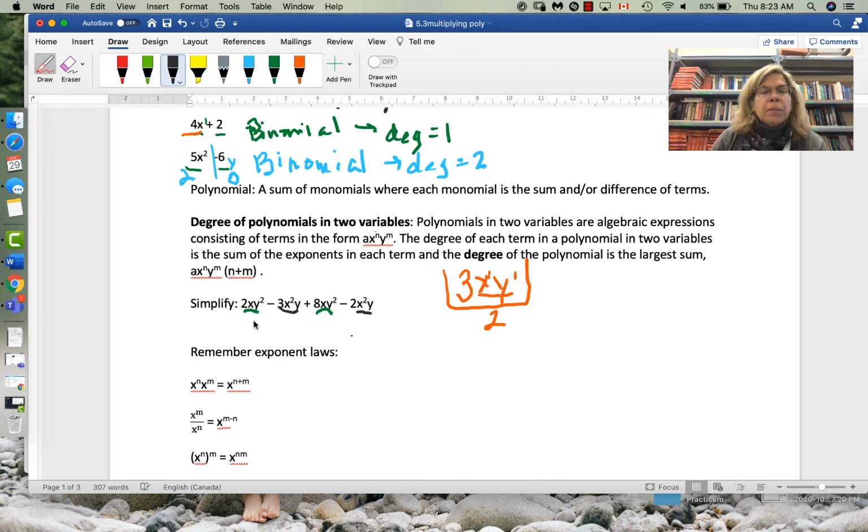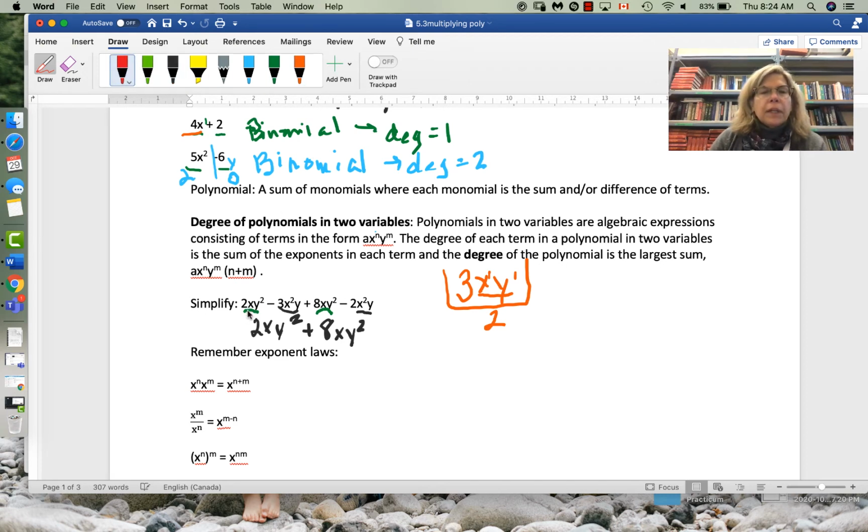So if we want to simplify them, we have to combine like terms. Okay? So xy squared and xy squared, those two are like terms. So we have 2xy squared plus 8xy squared. And then, I want to use red.